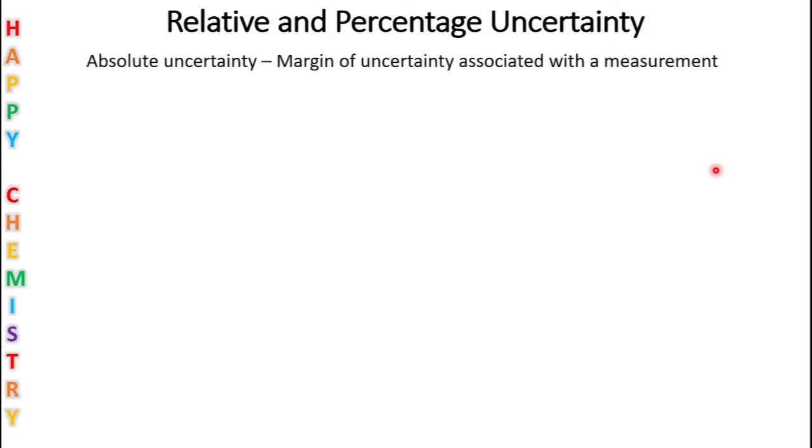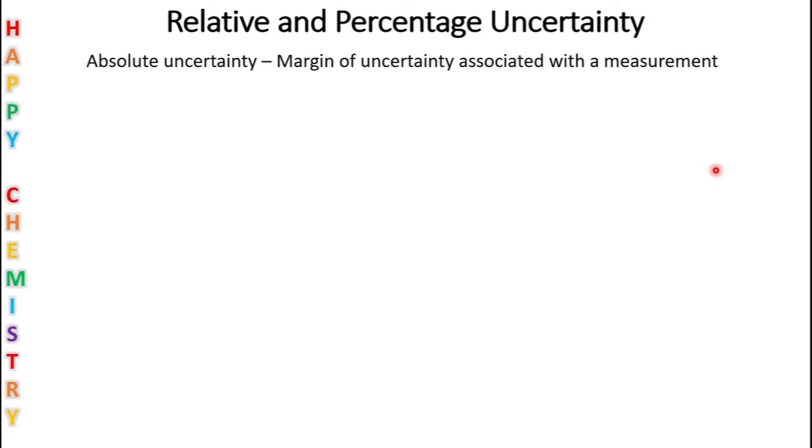The absolute uncertainty is the margin of uncertainty associated with a measurement. For example, if the tolerance limit of a burette is plus or minus 0.05 milliliters, then the absolute uncertainty is 0.05 milliliters.